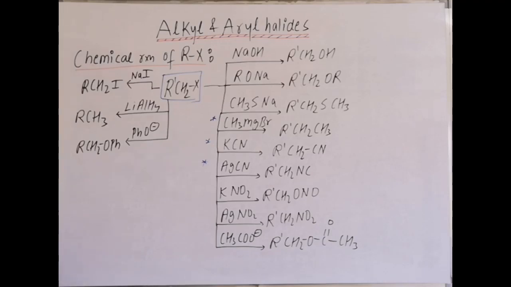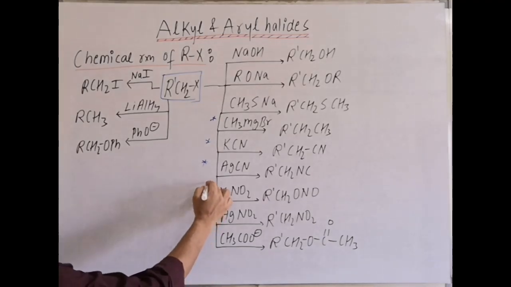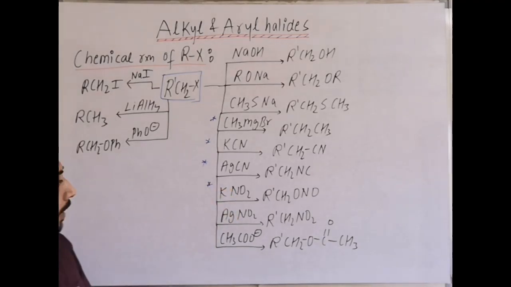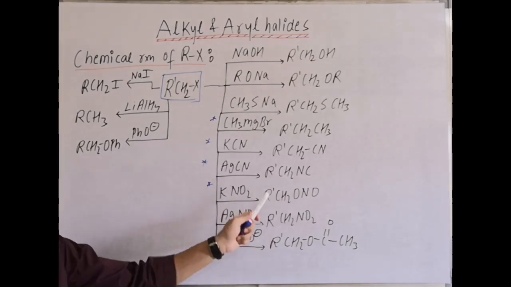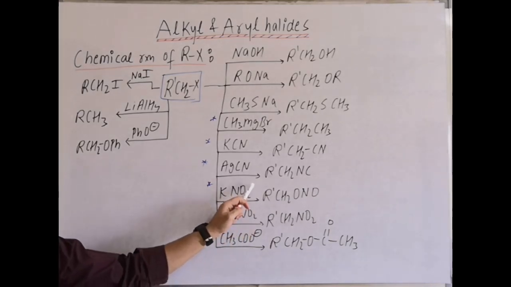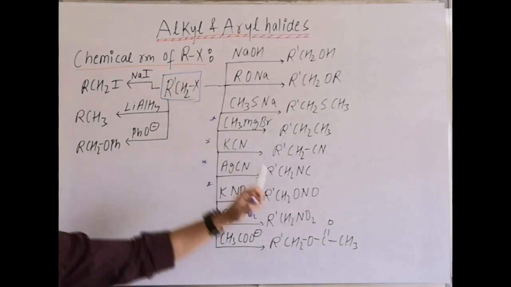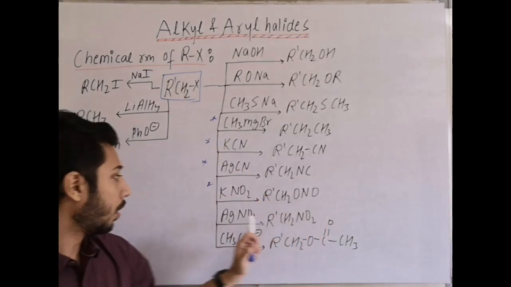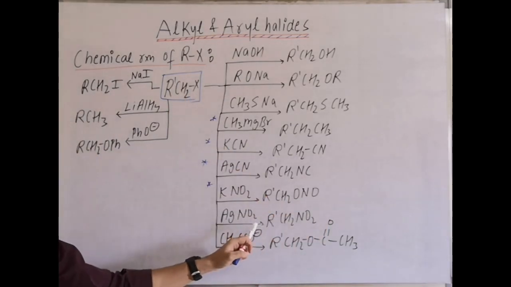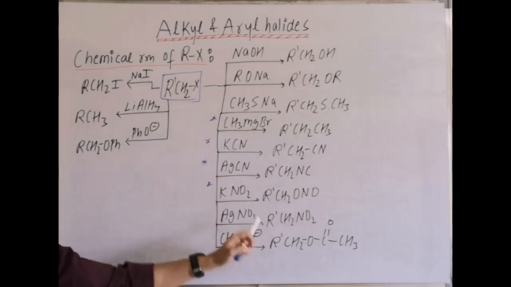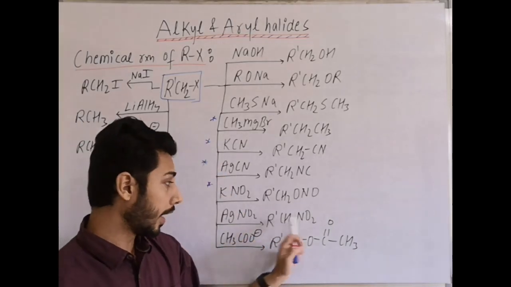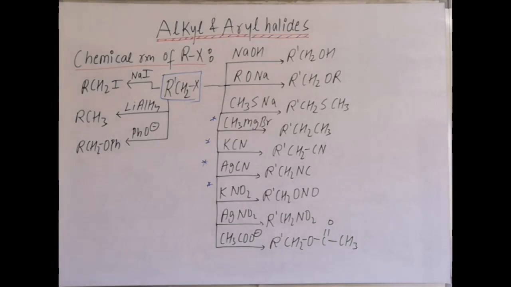Similarly, in the next example, KNO2. In this case, K plus NO2 minus, O has the minus charge, O minus attacks first and we get CH2ONO. Whereas in AgNO2, nitrogen attacks first and we get nitroalkane as the major product.